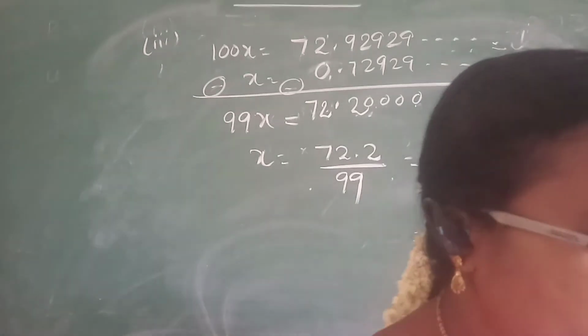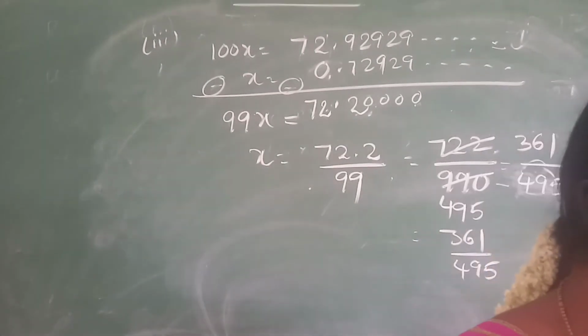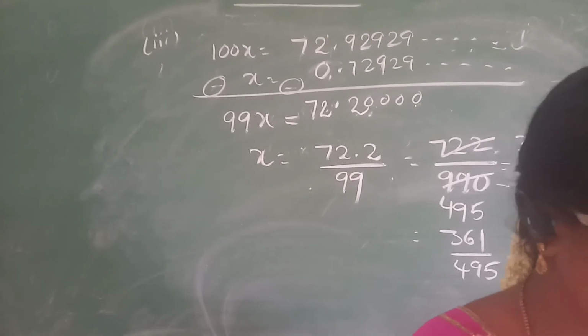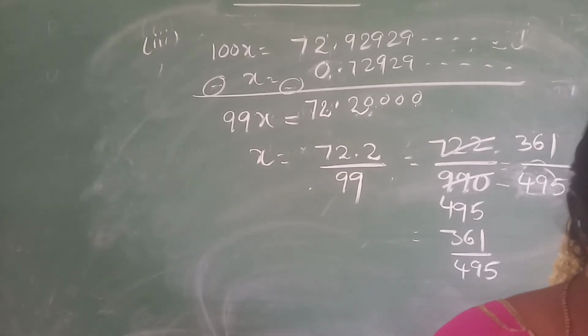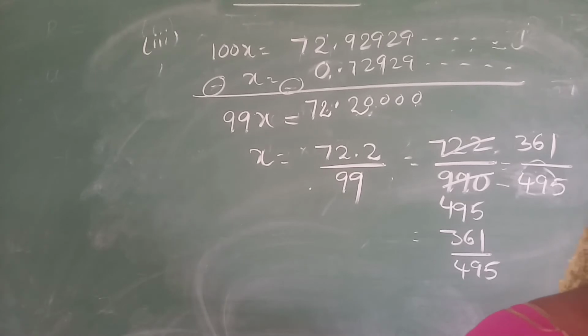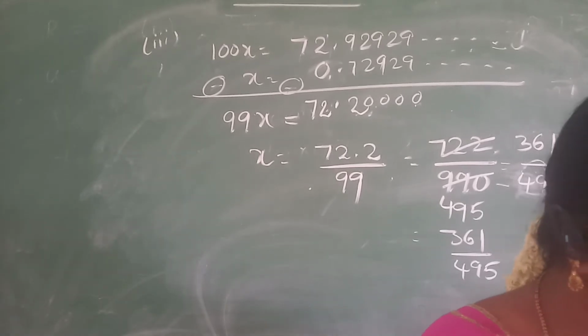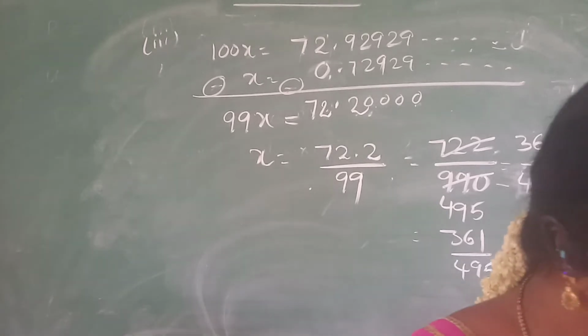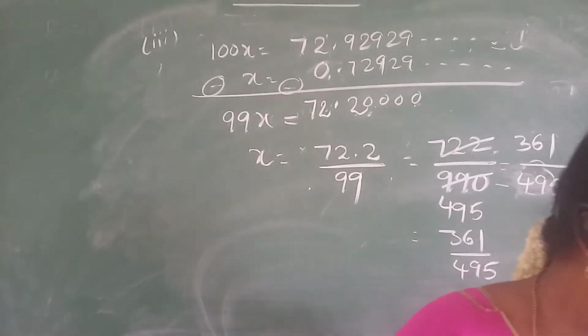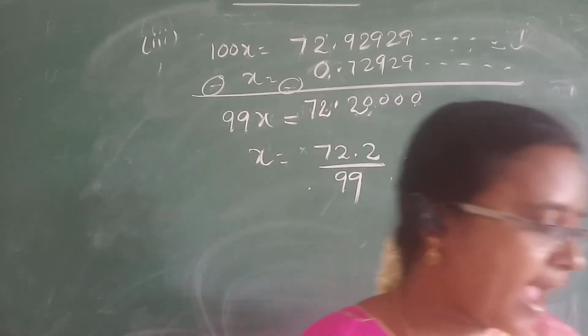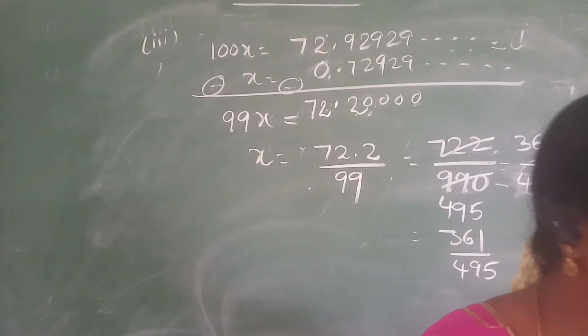Okay students, so I think you understood these problems in this bit. Now we are going to solve the next bit, third bit. What will be here? We shall observe. Find x plus y divided by x minus y.